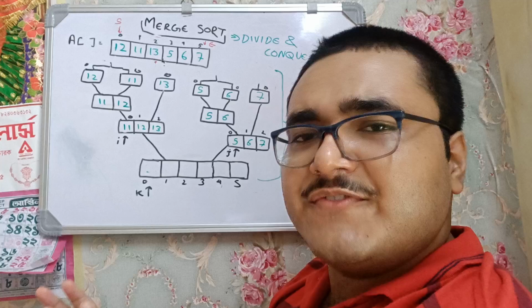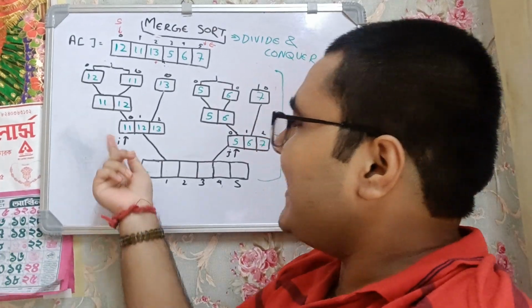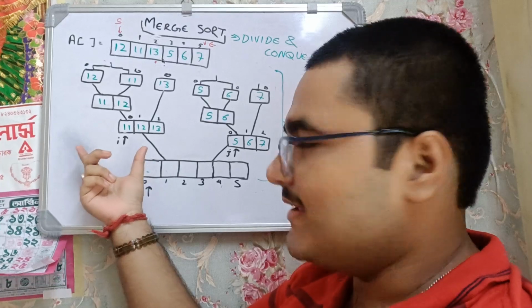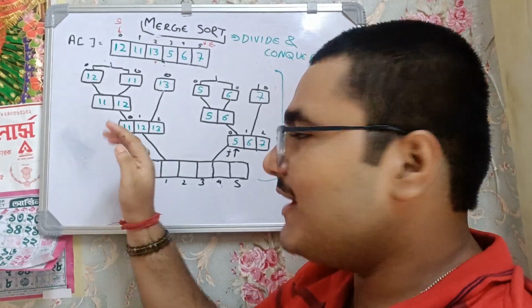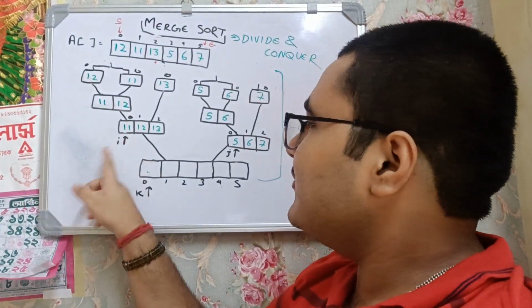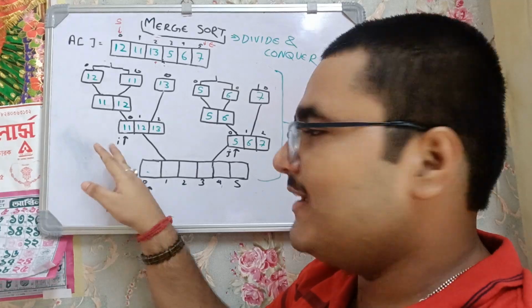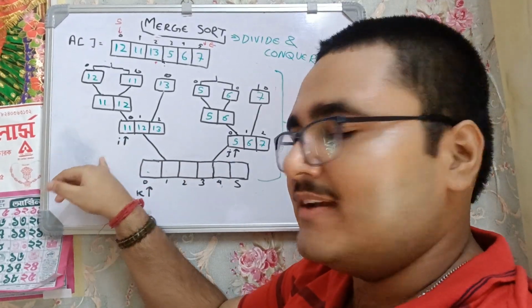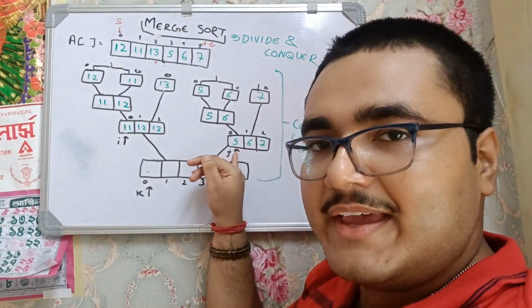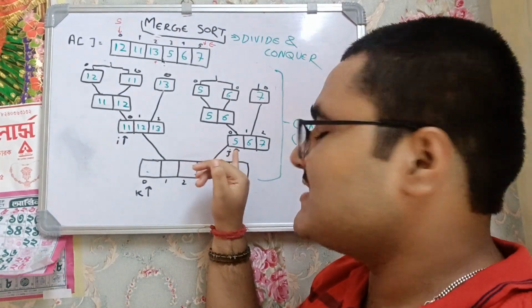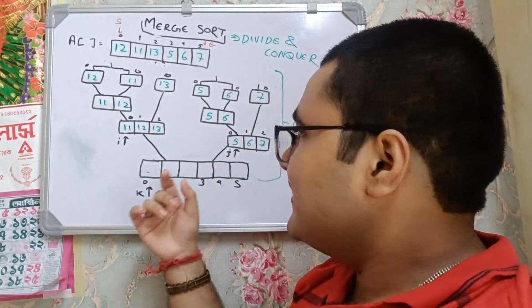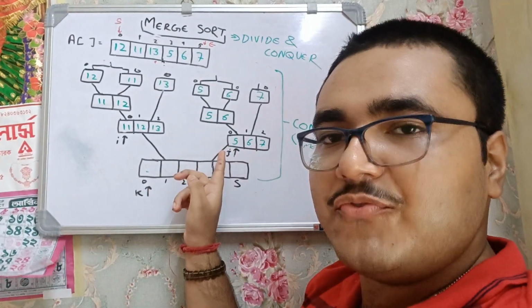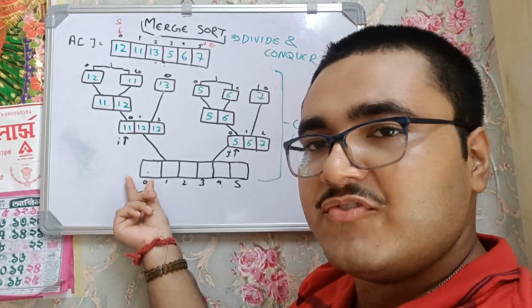This is very common sense. If the element in the left array, wherever i is pointing, is greater than the element where pointer j is pointing, that means the element of j should come here first.